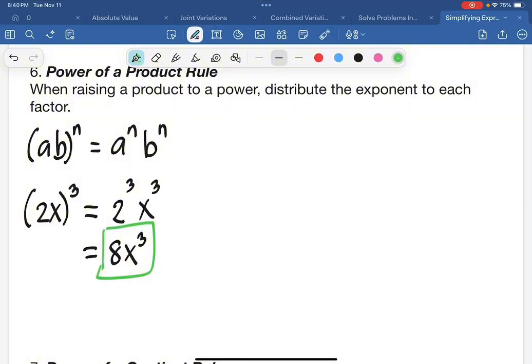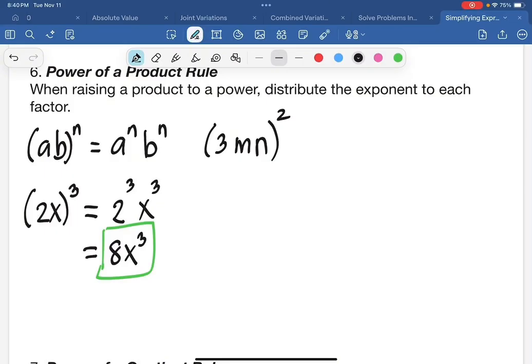Now, next, let's have this one. So (3mn) squared. Again, you distribute the exponent to each of the factors.